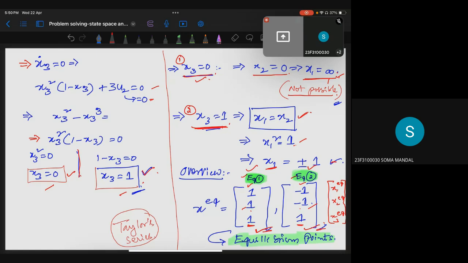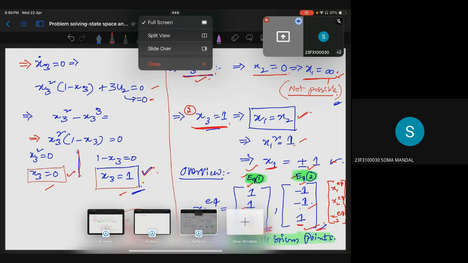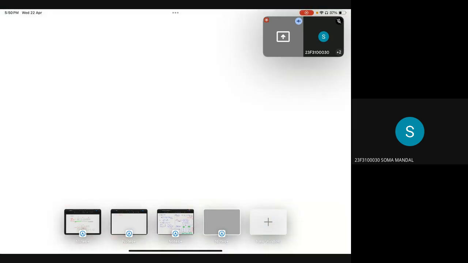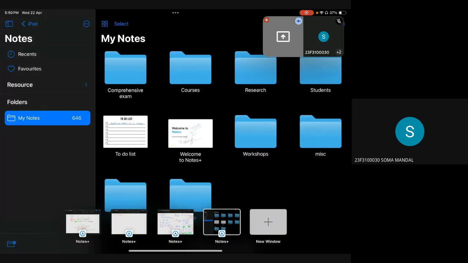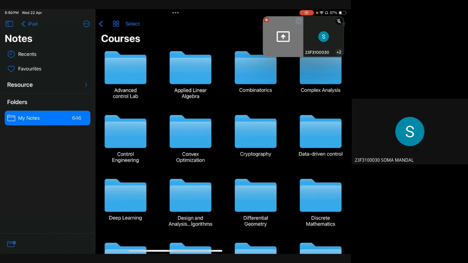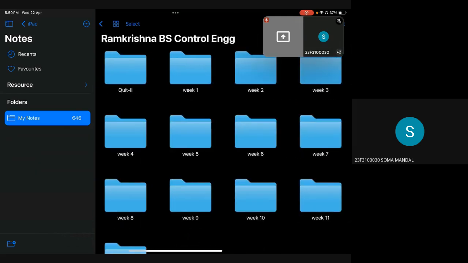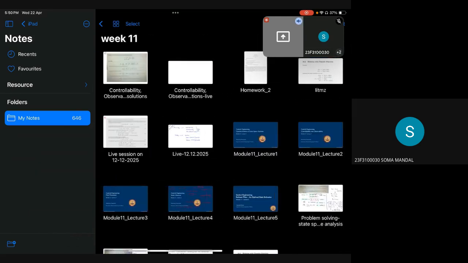Next, there is another problem I forgot to explain previously. Let me explain that one: the phase variable canonical form.